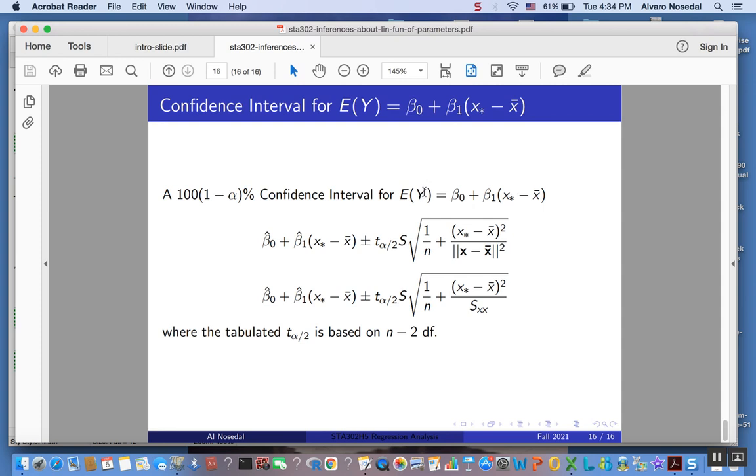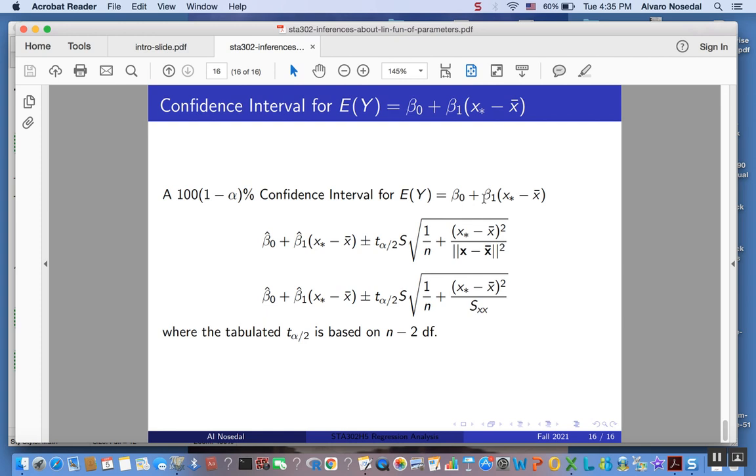Okay, so let's summarize what we did here together. We claimed at first that it would be a good idea to study linear functions of our parameters beta 0 and beta 1. An example was this: the expected value of our response at a particular value of the predictor is given by a linear function of beta 0 and beta 1, the parameters of our model.